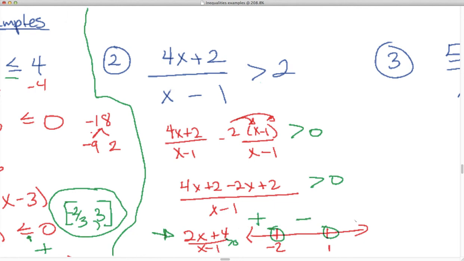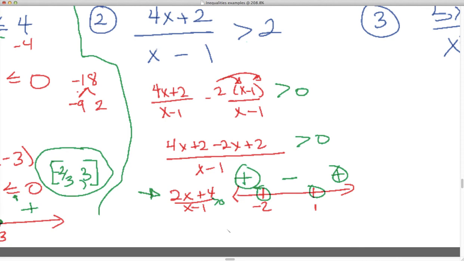Plug in a 3, you're going to get a positive. And in this case, we were asked where it's greater than 0, so it would be in these two regions here. So your final answer would be negative infinity to negative 2 union 1 to infinity. And parentheses everywhere.